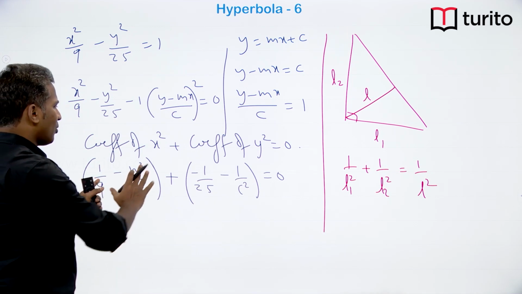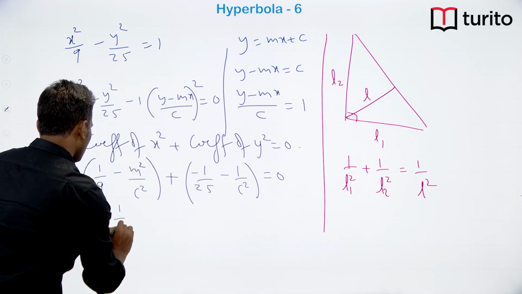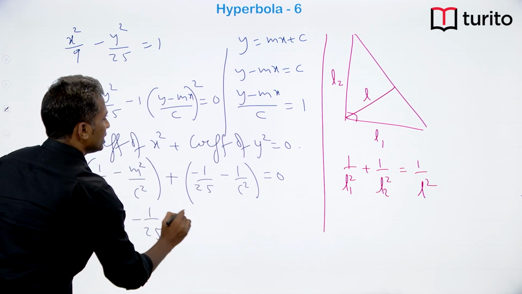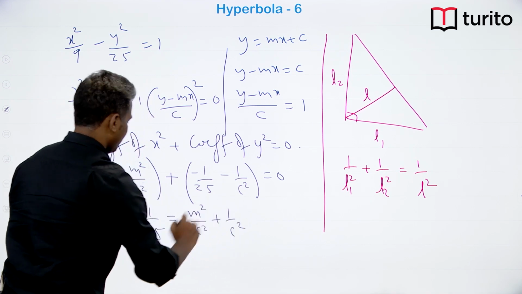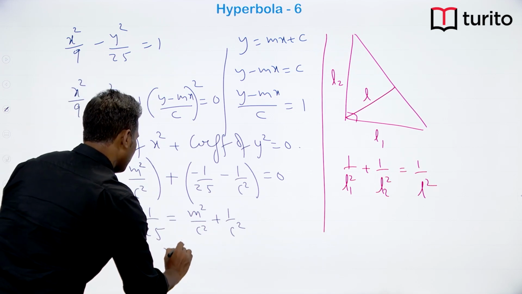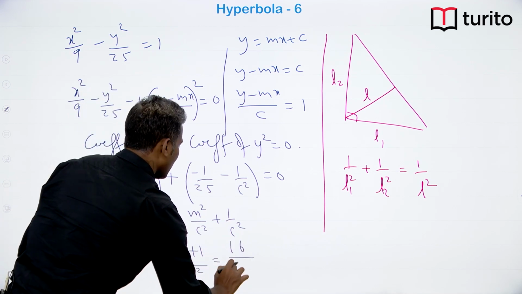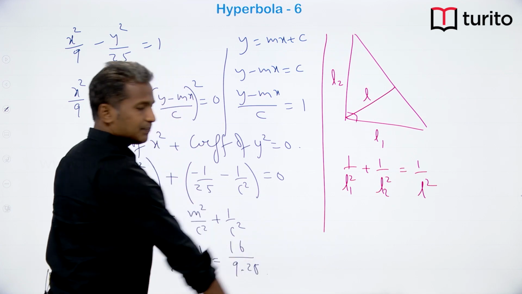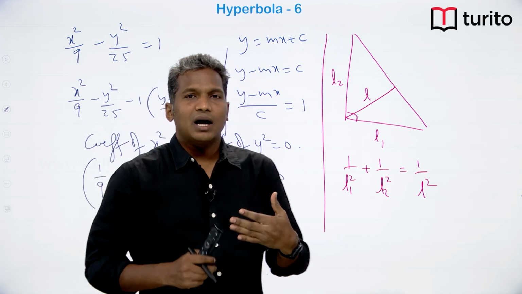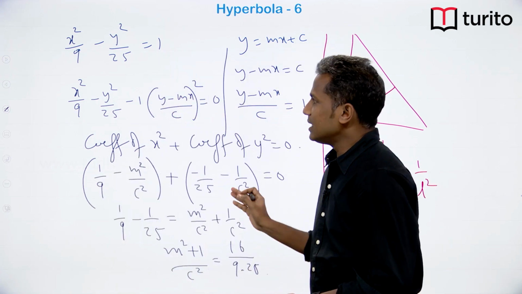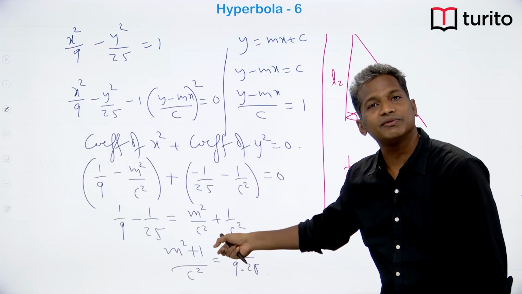Now, here if I take all parametric terms to the RHS and all constants to LHS, what do I get? 1 by 9 minus 1 by 25 is going to be equal to m square by c square plus 1 by c square. Now, if we simplify this, we are going to get (m square plus 1) by c square is going to be 16 by (9 into 25). Okay. Now, I got some relation here. I'll not further simplify this. I'll see how the problem is turning out to be. Based on that, I'll decide whether to simplify it or not.